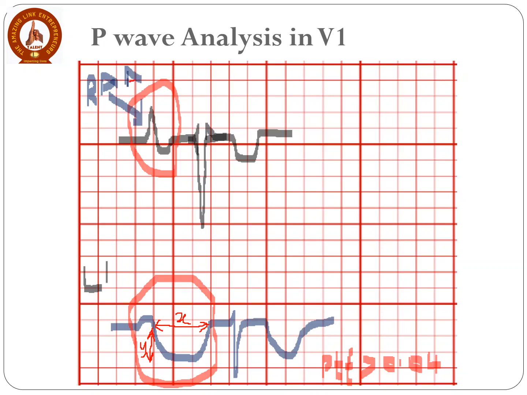The other thing we need to consider is biatrial abnormality, how to make the diagnosis in V1. It presents with peaking of the initial components and deepening and broadening of the terminal components of the P wave.